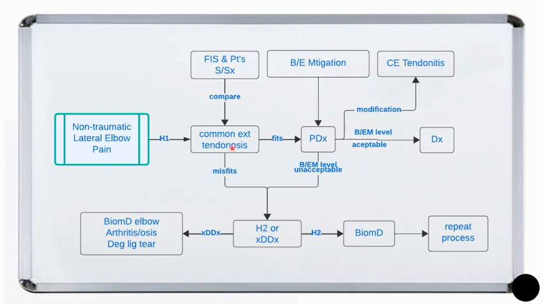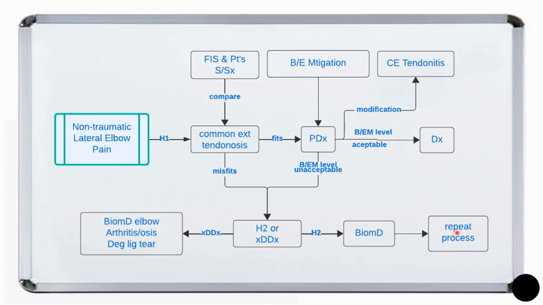Now, if this misfits, that is, the patient's signs and symptoms don't fit our hypothesis, or if the level of bias and error mitigation is unacceptable, then we have to either generate H2 or we go into exclusionary differential diagnosis. If we generate H2, we'll say it's biomechanical dysfunction, and then we go through the whole process.